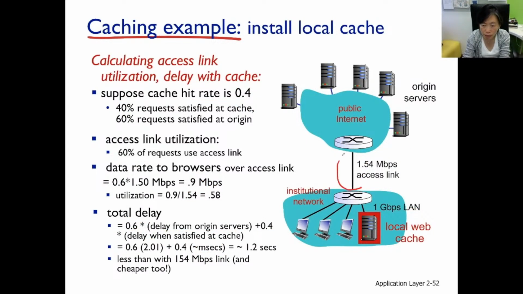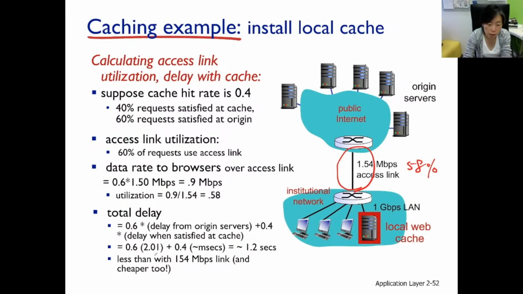What's remaining is just the delay here on the access link with 58% utilization. How much delay is this? If there's a lot of queuing delay, we go to minutes. If very, very low, only 1%, we go to milliseconds. So between minutes and milliseconds, say tens of milliseconds or hundreds of milliseconds.